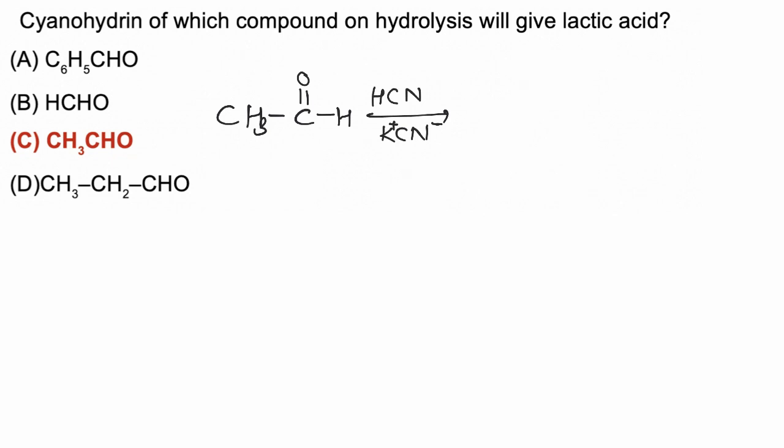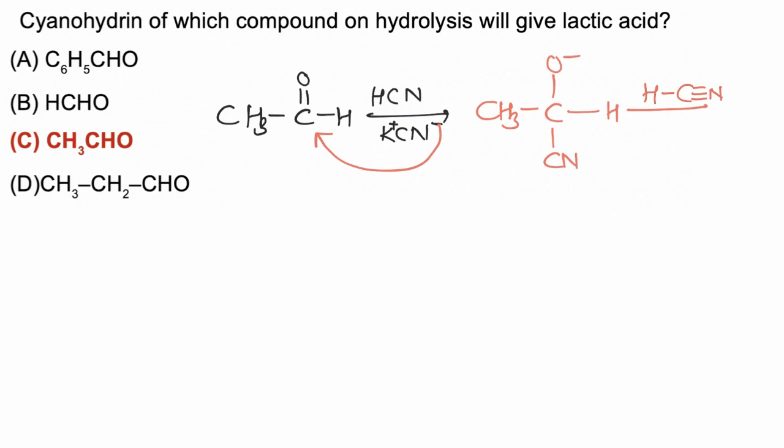Now this CN negative acts as a nucleophile, so it will be converted to the cyanohydrin anion. Now this molecule will react with HCN, HCN will donate H positive ion and a new CN negative ion is released.